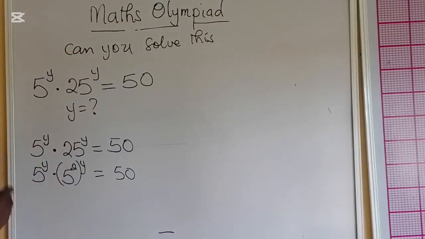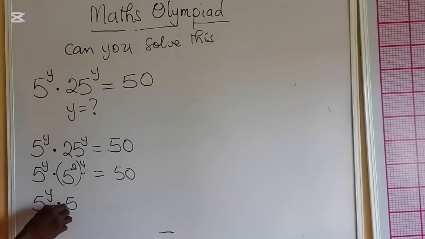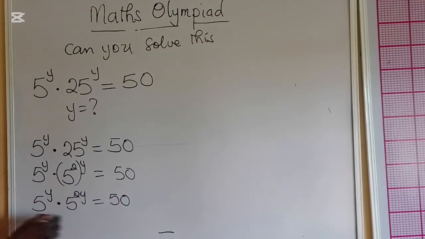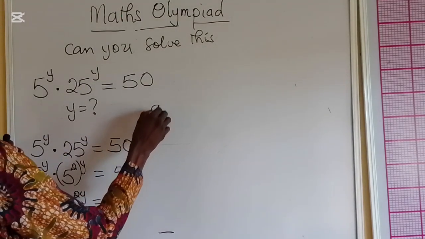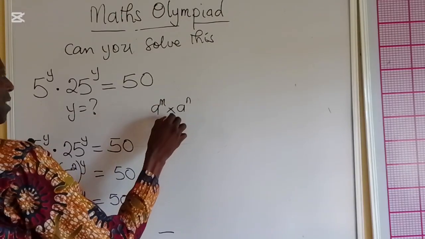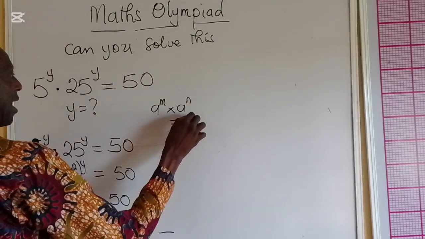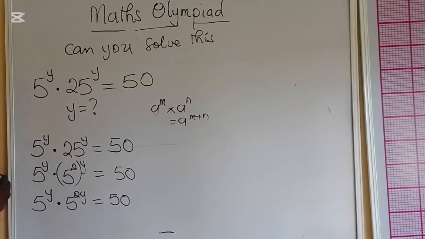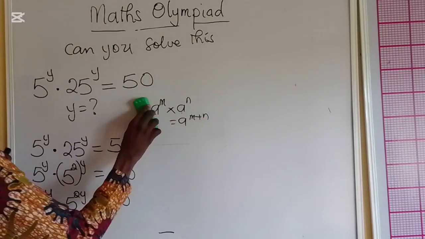Now here will be 5 raised to power y dot 5 raised to power 2y is equal to 50. So we are going to apply the multiplication law of indices: a raised to power m times a raised to power n is a raised to power m plus n. The a you pick one, 5. I will not add the power.